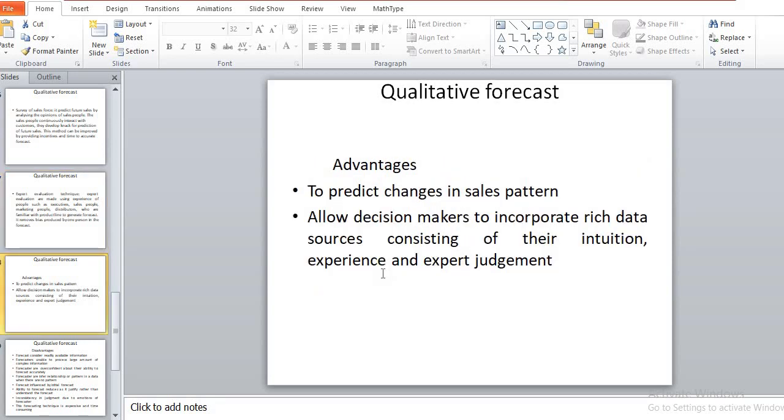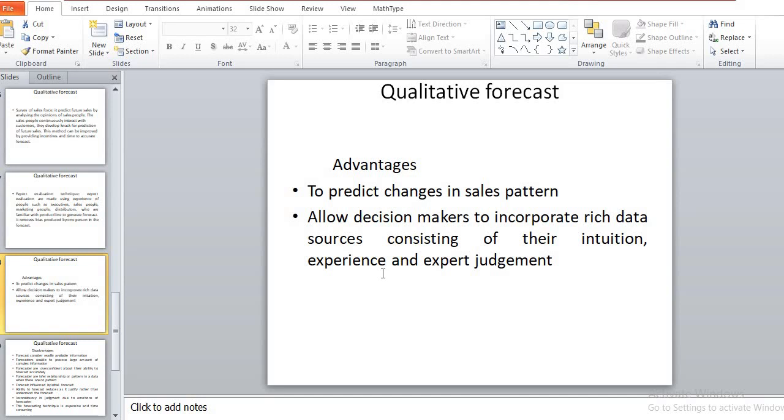So what are the advantages? We can predict change in the sale pattern by using this qualitative forecasting, and it allows decision makers to incorporate rich data sources consisting of their intuitions, experience, and expert judgments.